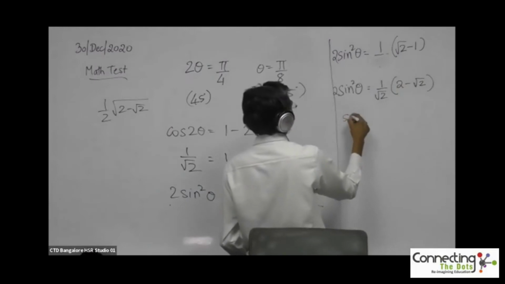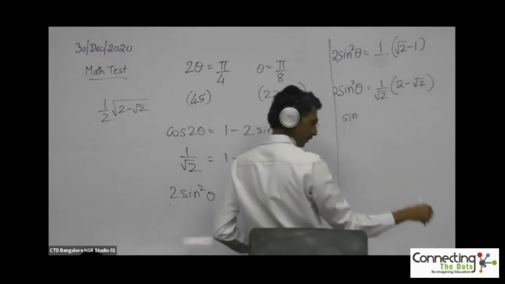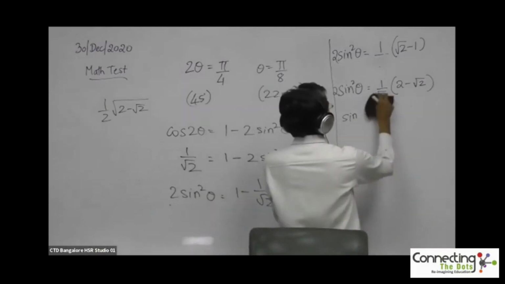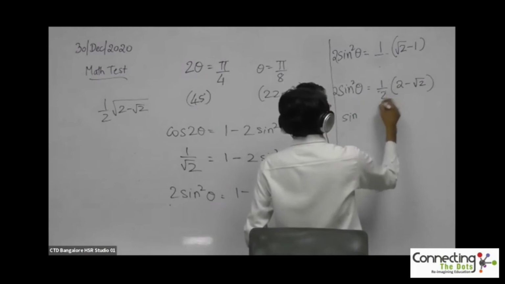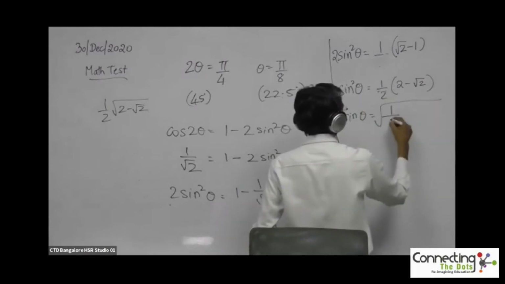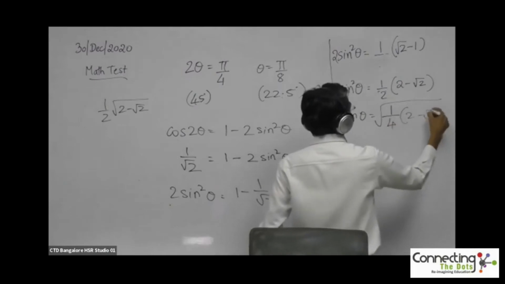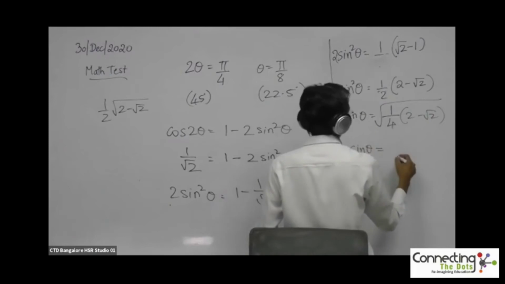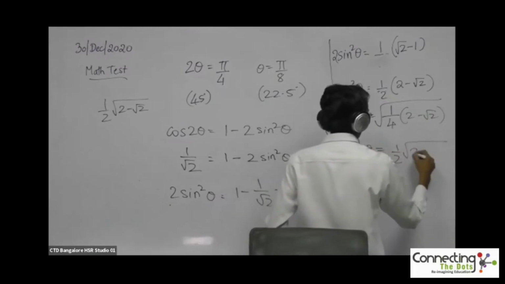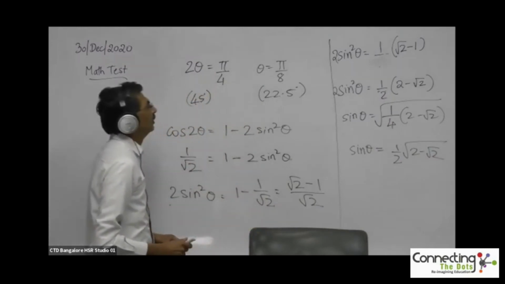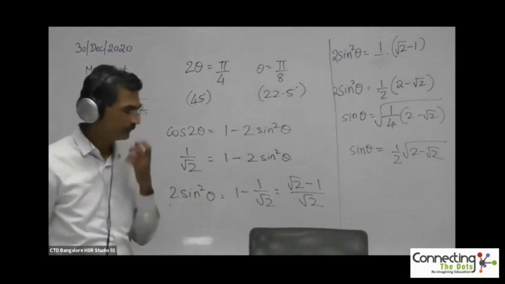So sine theta will be 1 by square root of 1 by 4, 2 minus root 2. So sine theta would be 1 by 2. Something like that.